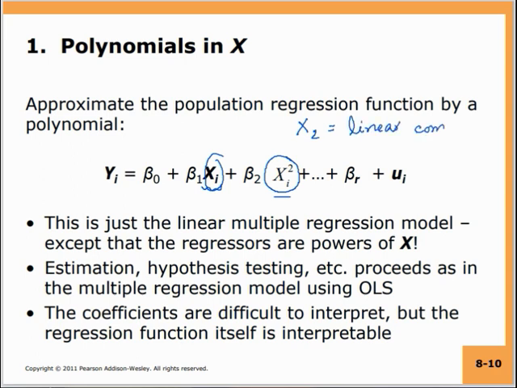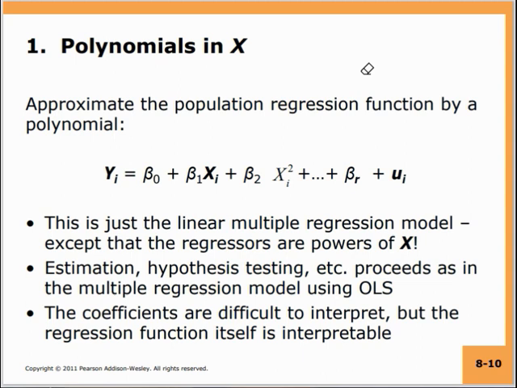But here x2 is not a linear combination of x1, rather x2 is x1 square. Because it is a quadratic transformation of x1, it's not a linear combination. So including x1 square does not result in perfect multicollinearity. That is one doubt that often comes up.